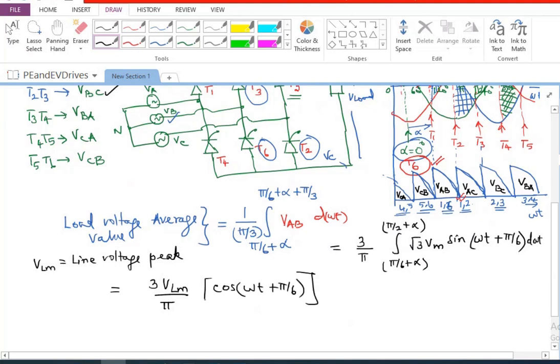Its integration. And because there is a minus sign inherently, I put the lower limit on the top and the upper limit on the bottom. So I can write this as 3 VLM divided by pi, and I can write cos of pi by 3 plus alpha minus cos of pi by 2 plus pi by 6 plus alpha.